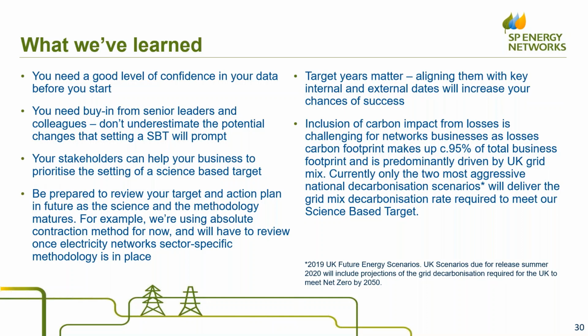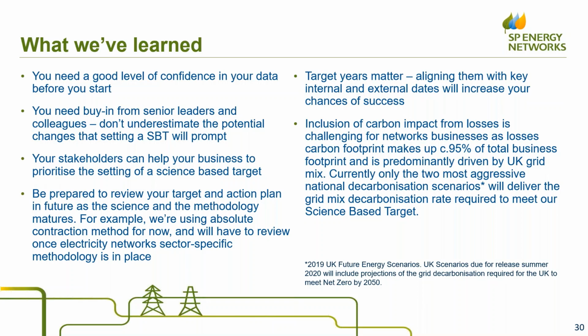As I said before, we connect renewables onto our network, but it's not fully within our control. And currently, only the two most aggressive national decarbonisation scenarios will deliver the grid mix that we would need to meet our science-based targets by our target year. So that's kind of thrown up quite a lot of questions for us.